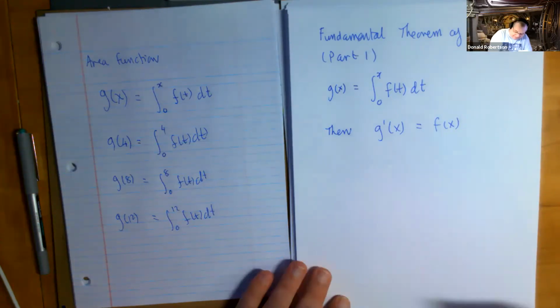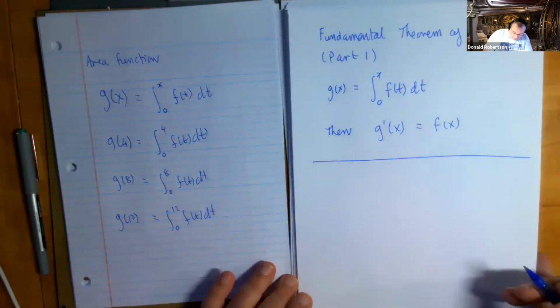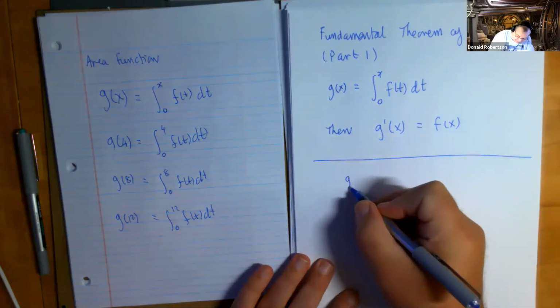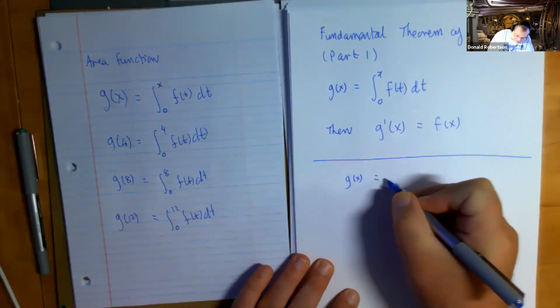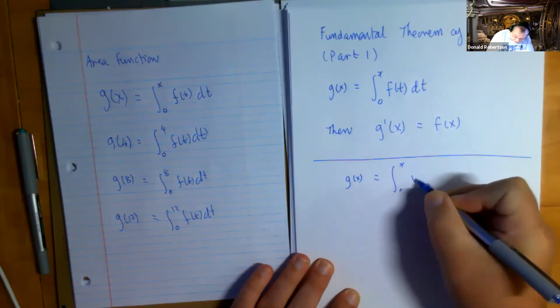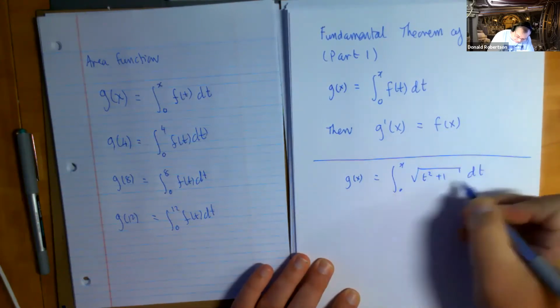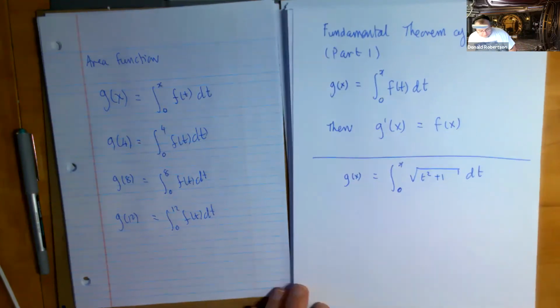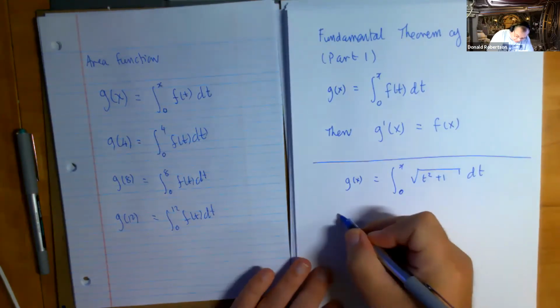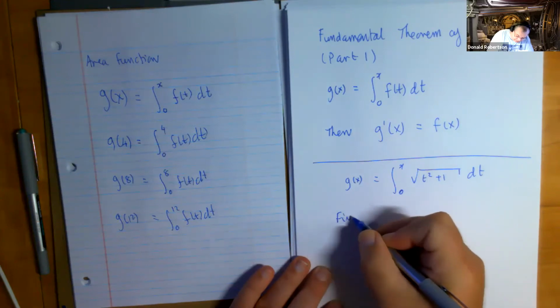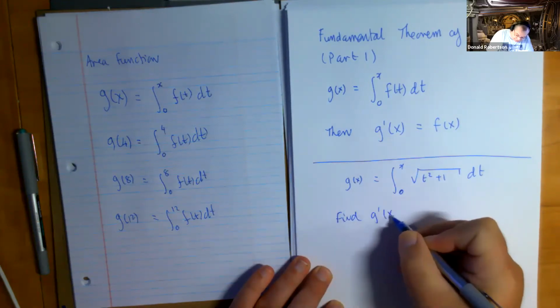So what does that look like as a question? Well, suppose I tell you that from 0 to x, it's the square root of t squared plus 1 dt. And I ask you to tell me what g dashed of x is.